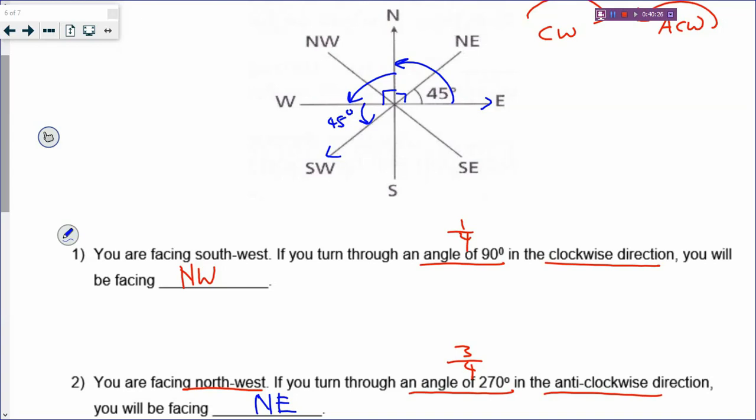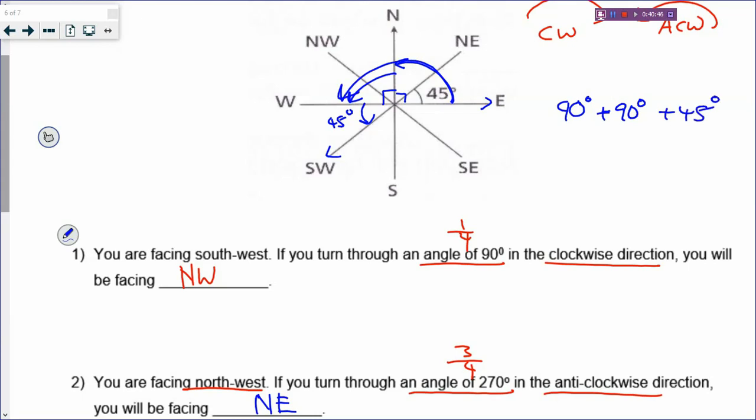You turn half a circle, or two right angles. So you have 90 plus 90, and then plus 45 degrees.